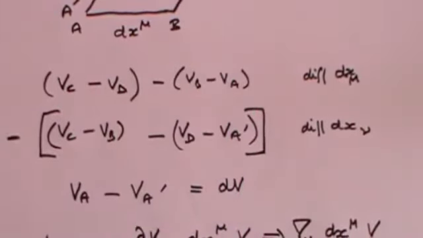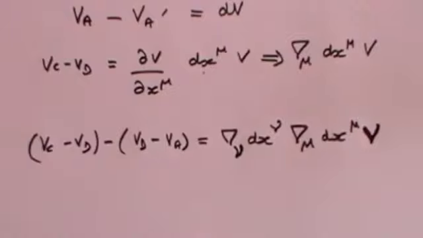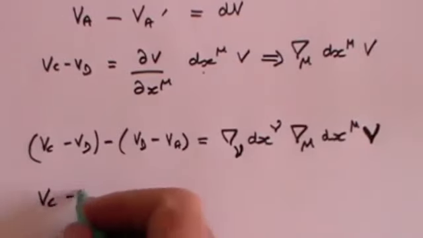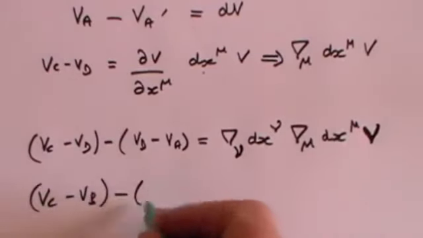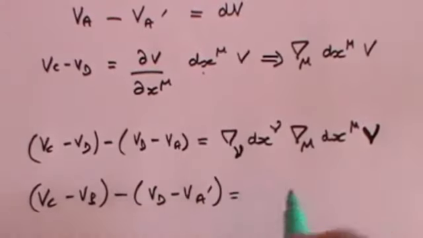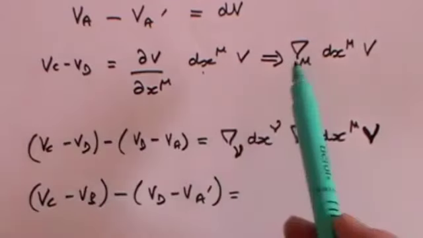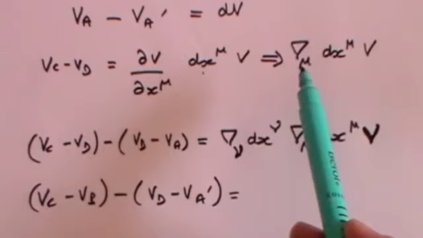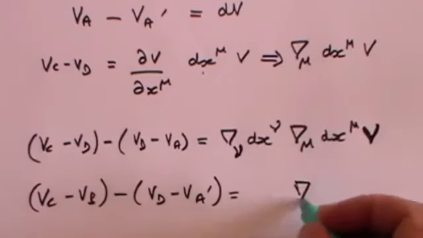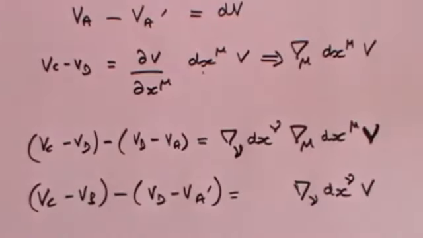So that is effectively what that difference equals. What about this one here? Well, this one will just be the opposite. In other words, vc minus vb minus vd minus va prime is just going to be, well, vc minus vb will be the covariant derivative, but this time in the new direction. So now we need the covariant derivative in the new direction times dx nu times the value of the vector.